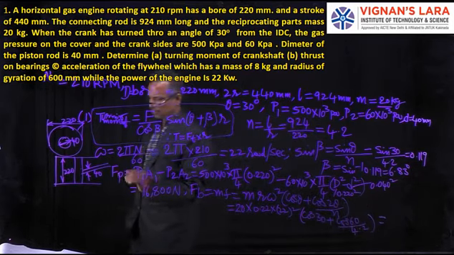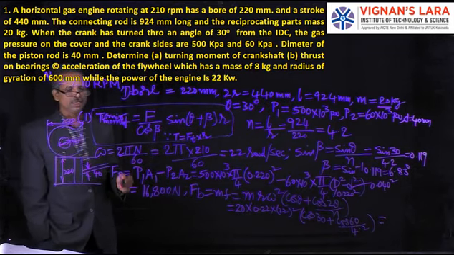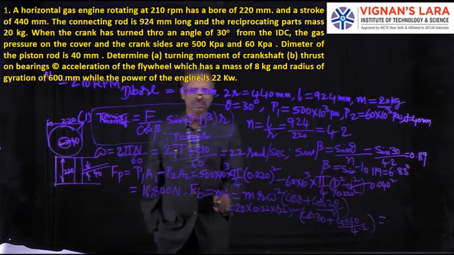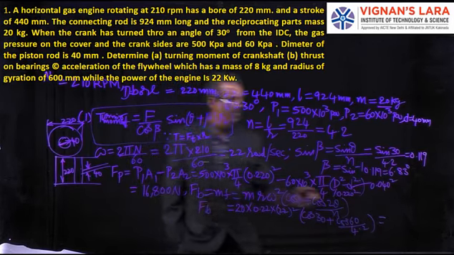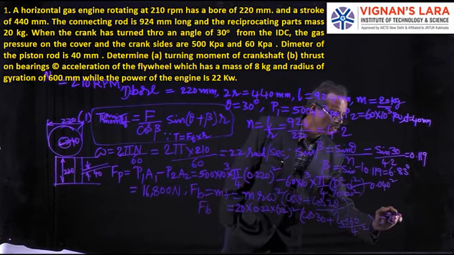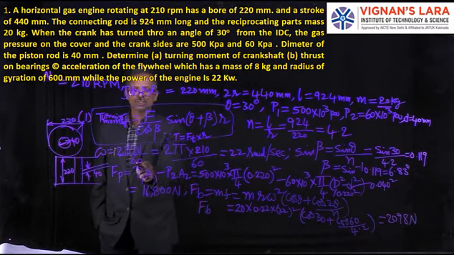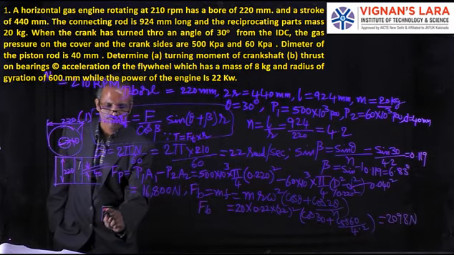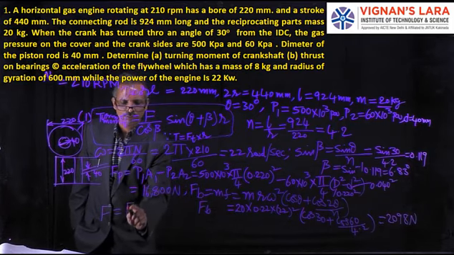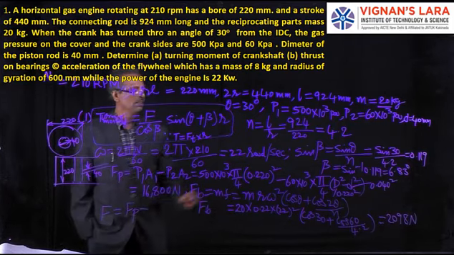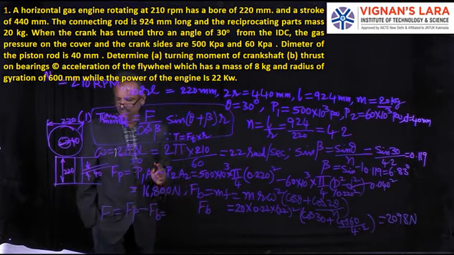So if you substitute the entire data here, you get this inertia force, that is FB, is 2098 newtons. So my net force F is FP minus FB.